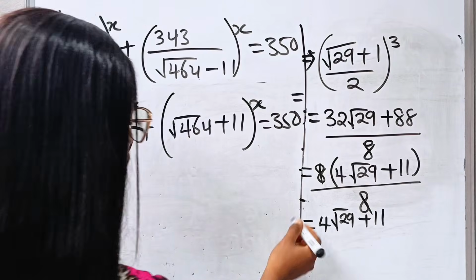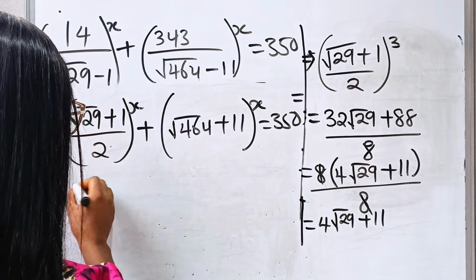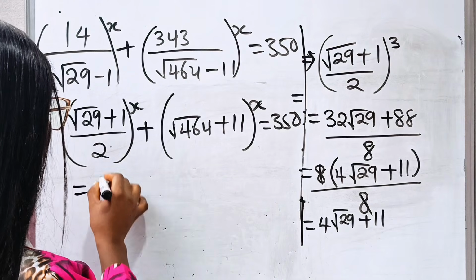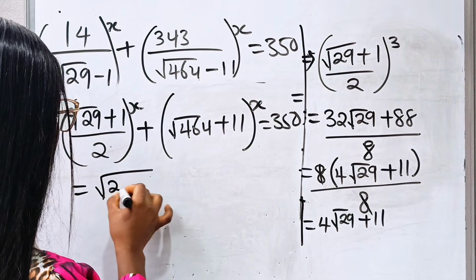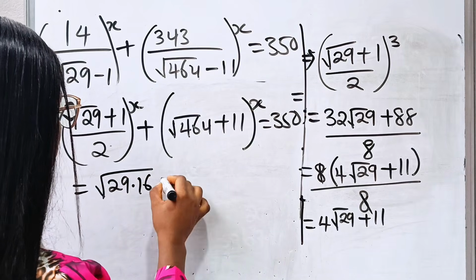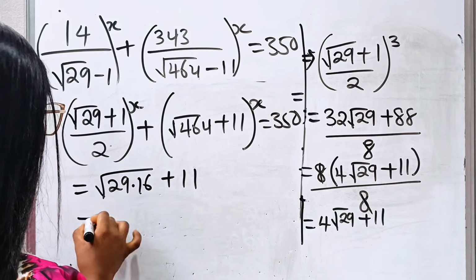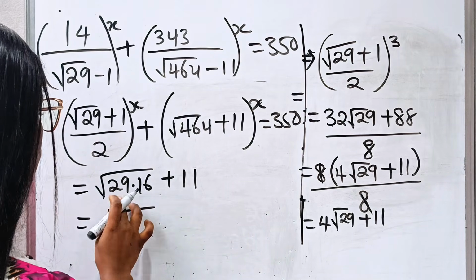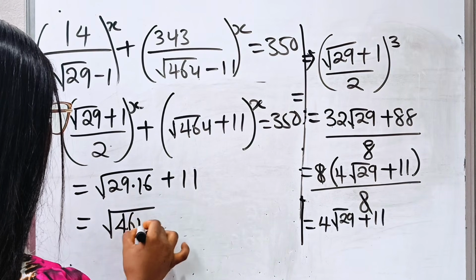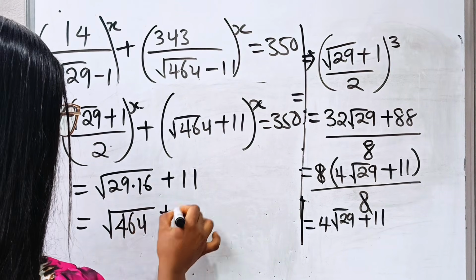So moving forward, we will have this to be equal to, if we decide to take this inside, we square it, right? So it will be square root of 29 multiplied by 4 squared, which is 16, plus 11. Now this is equal to square root of 29 times 16, which will give you 464, then plus 11.